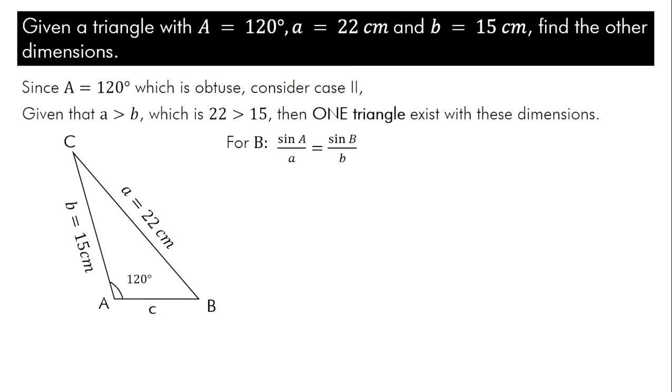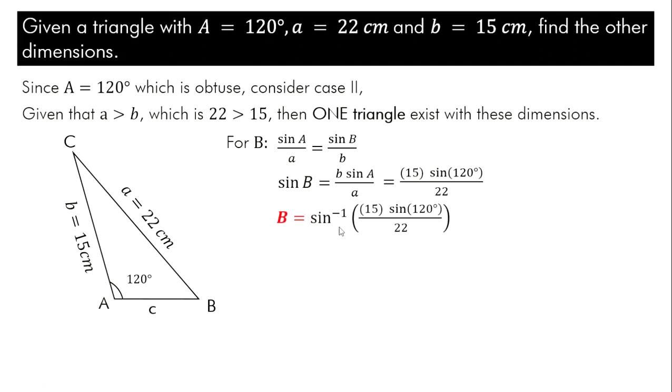Here we have sine B is equal to b sine A over a. By manipulating this, we'll obtain this one. Then let's substitute the given. So we have here 15 sine 120 degrees all over 22. To identify the angle B, let's take the inverse. So B is equal to the sine inverse of this, which is 15 times sine 120 degrees over 22.